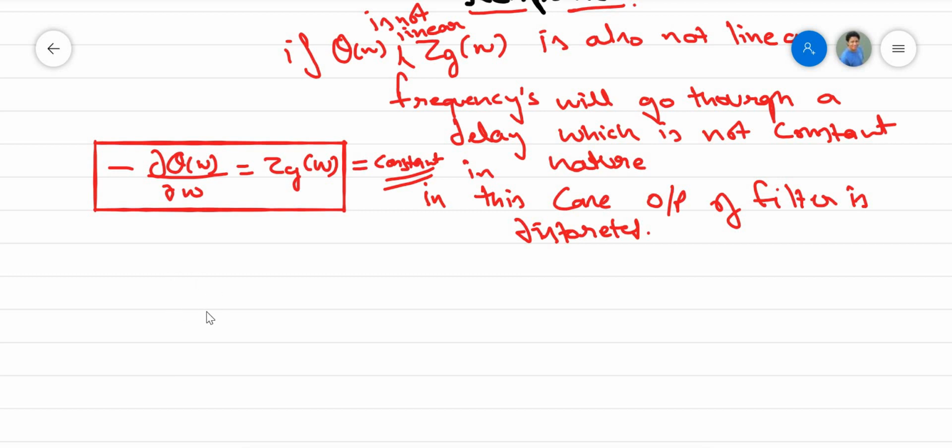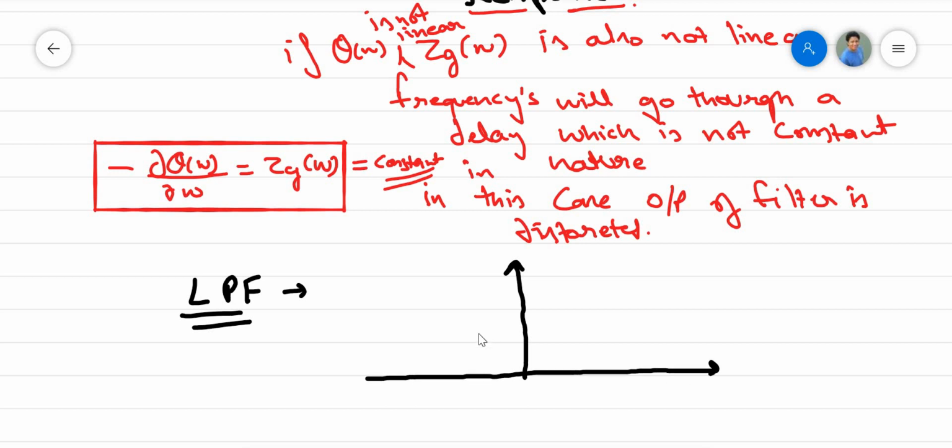Next, we want to discuss the impact of the filter and whether it is realizable or not. For that case we are taking a low pass filter, that is LPF. So its characteristics will be like this. I'll plot the characteristics of a low pass filter. We want to realize this particular filter and see its characteristics.